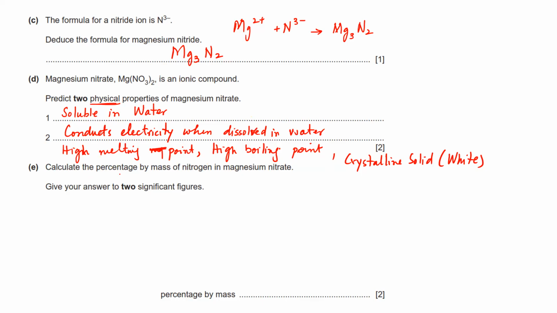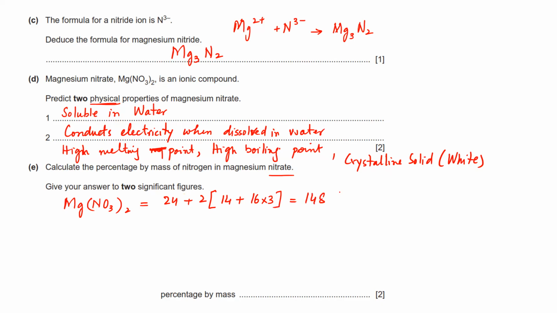Then part E, it says calculate the percentage by mass of nitrogen in magnesium nitrate. So magnesium nitrate is Mg(NO3)2. The mass comes out to be magnesium 24 plus 2 multiplied by 14 plus 16 into 3. This comes out to 148.